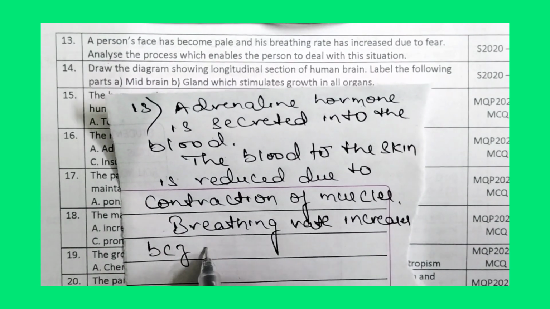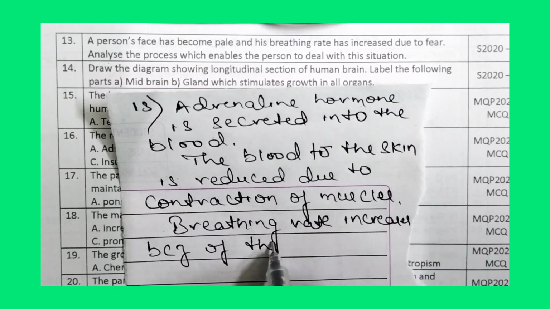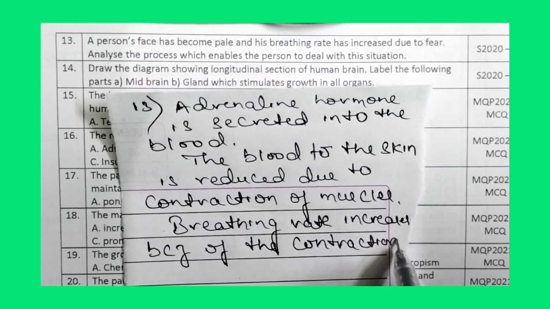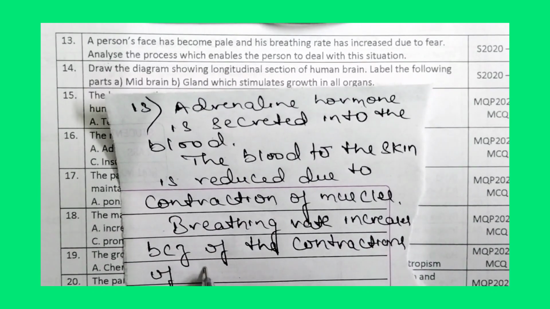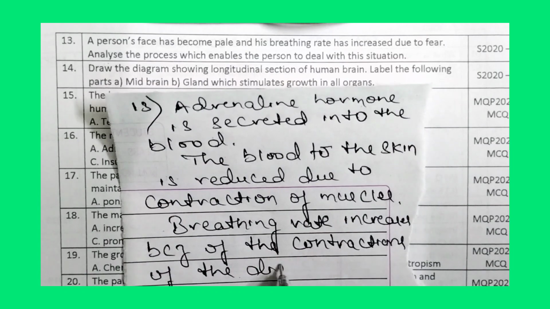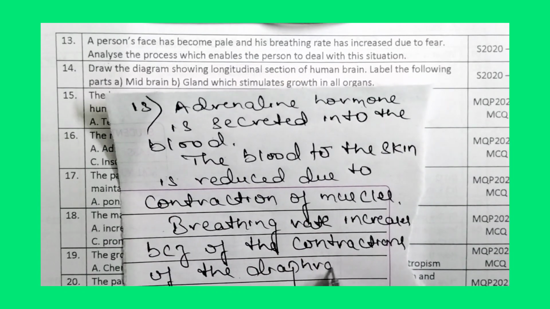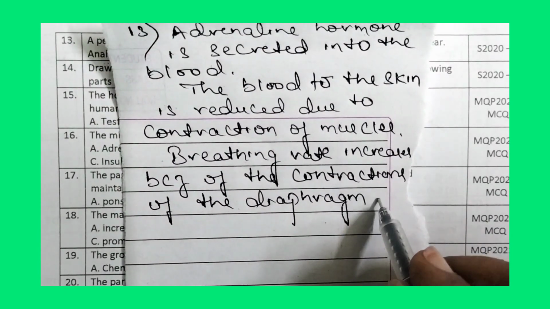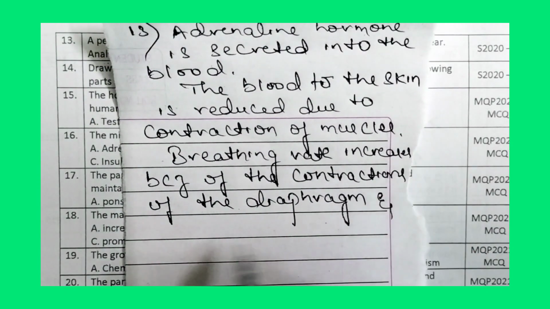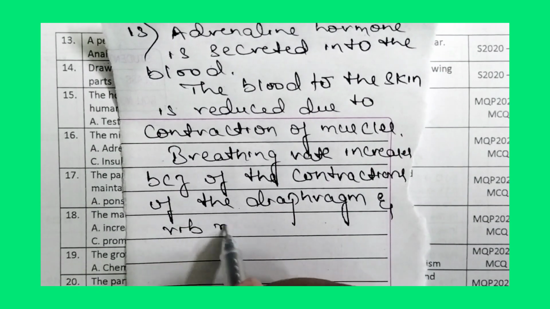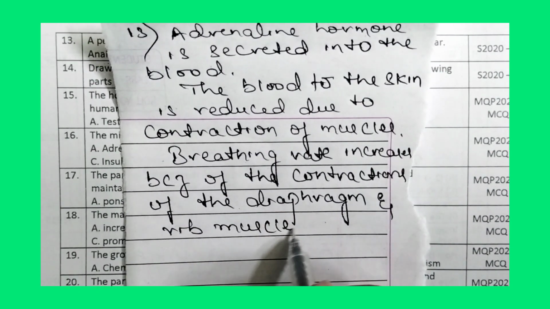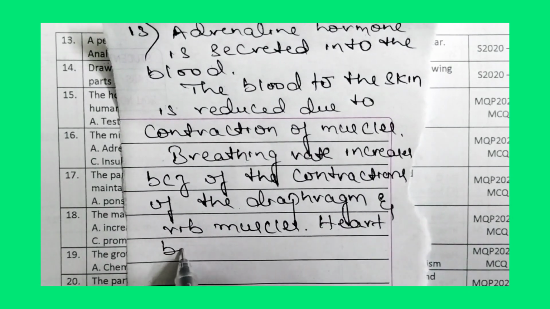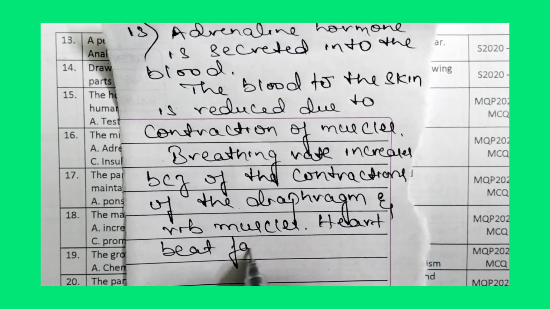Breathing rate increases because of the contraction of the diaphragm and rib muscles. Heartbeat becomes fast.